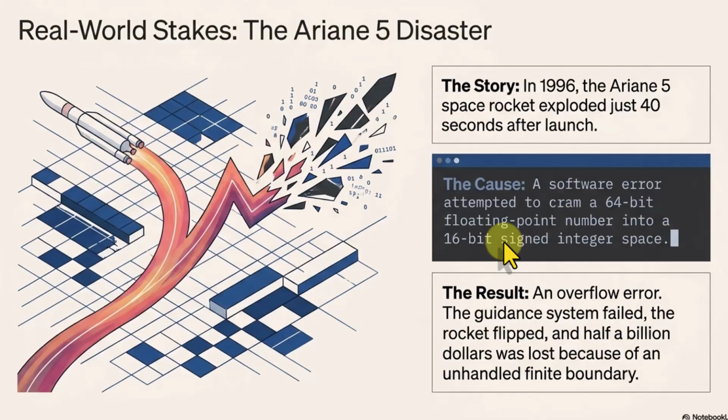As a result, the software lost many of the bits. And as a result, an overflow error, the guidance system failed, the rocket flipped, and $500 million was lost because of an unhandled finite boundary. So when you are creating software, you will have to be careful about this overflow error.